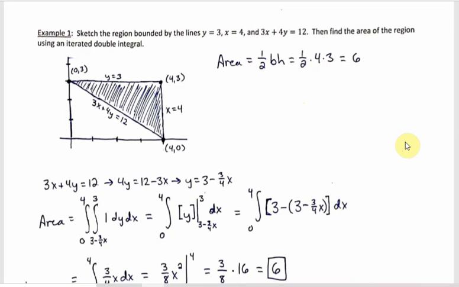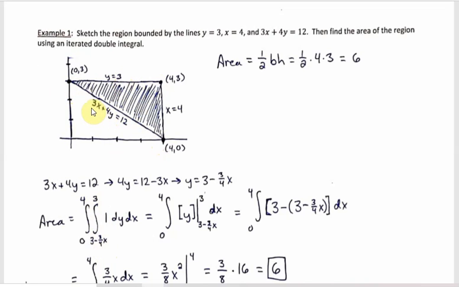Okay, so just to go through one where we can see that this does actually work, I have this one set up to go dy dx. You could do dx dy, it's about the same level of difficulty. But if we're going to go dy dx, then the limits of integration for y are going to be the diagonal line on the bottom, and then y equals 3 on top.